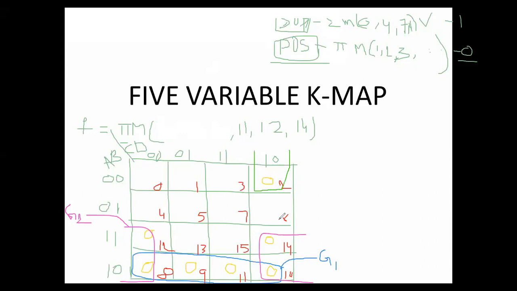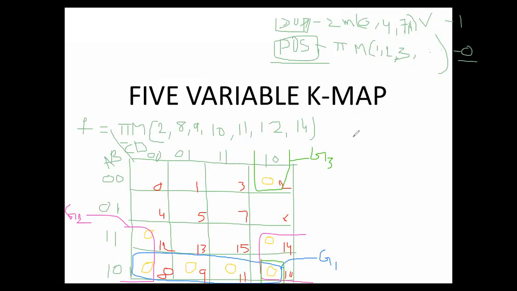This 0 and this 0, so one pair is possible. This is group 3. Do you understand? So 3 groups are there: 2 quad groups and 1 pair group.